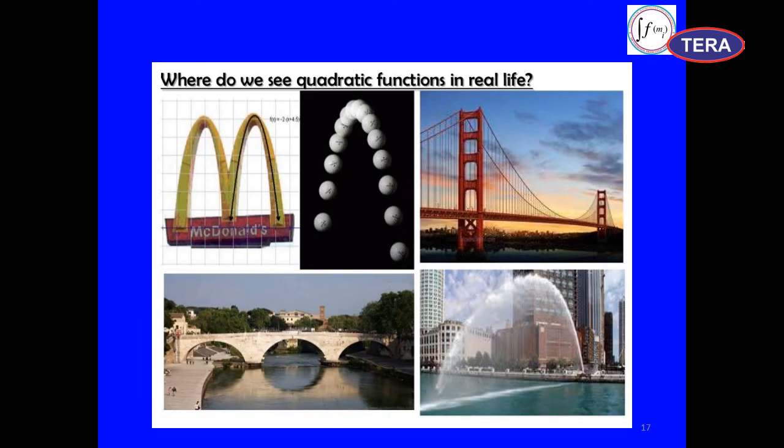Quadratic functions. See, in how many places we can see quadratic functions in real life? They are all around. When teaching functions, if we take these examples, or if we make students find these examples, first introduce the theory part, then make them find these examples, or the other way around, that will make sense.